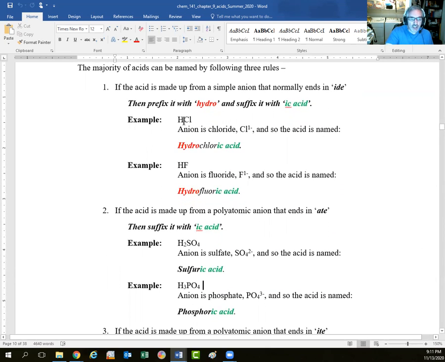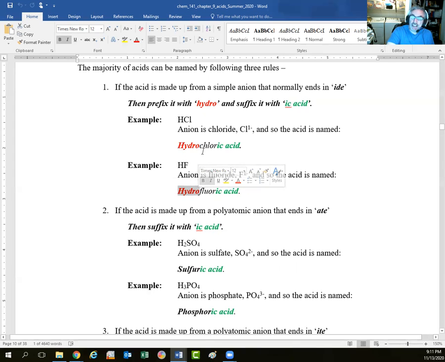So if it's just a simple non-metal ion from one of the elements in the periodic table, because those normally end in IDE, like chloride for chlorine, or fluoride for fluorine, we're going to base the name of the acid on that non-hydrogen, non-metal ion, but we'll stick hydro at the beginning of the name.